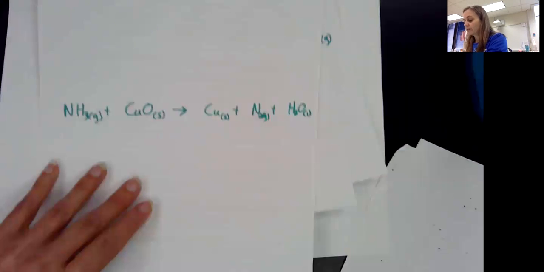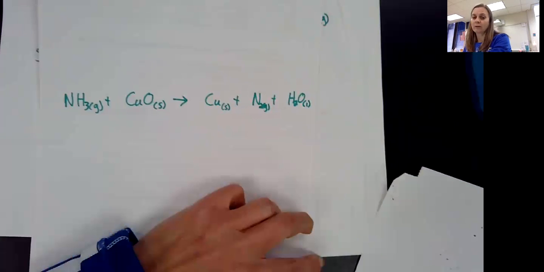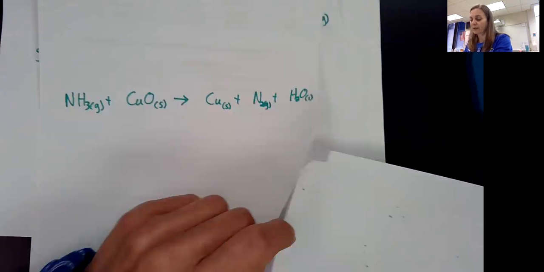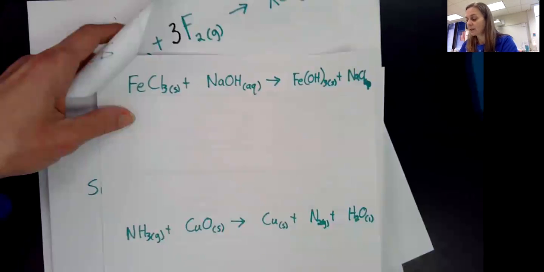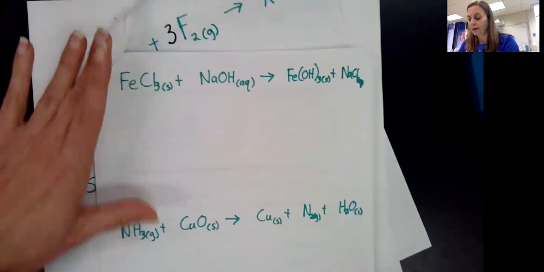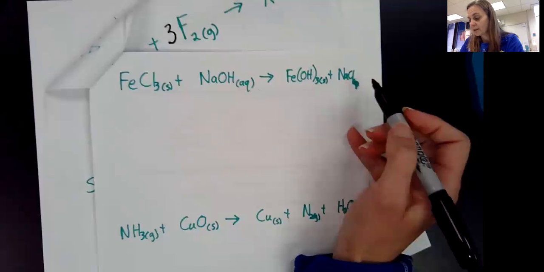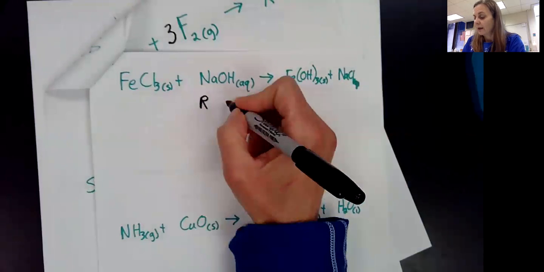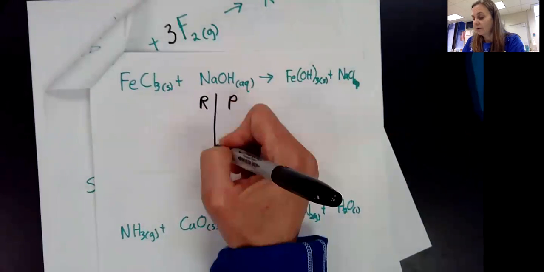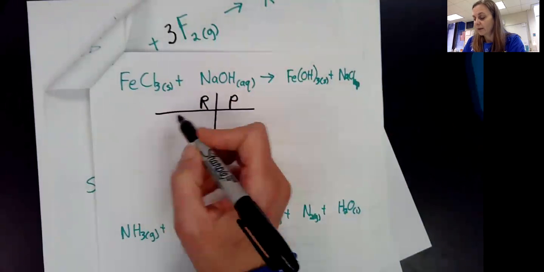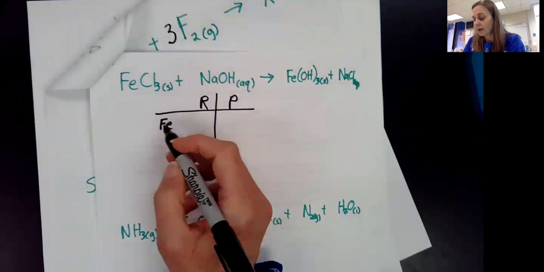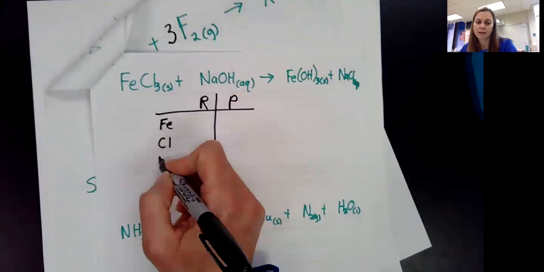All right, your next problem is iron 3 chloride plus sodium hydroxide yields iron 3 hydroxide and sodium chloride. So reactant side, product side, and we have iron, we have chlorine, we have sodium. And this is the first time we're going to encounter this.